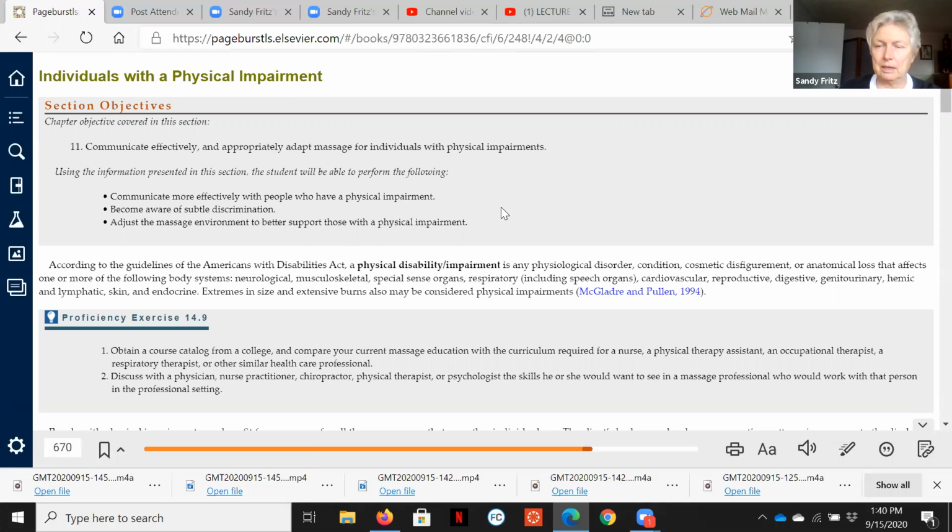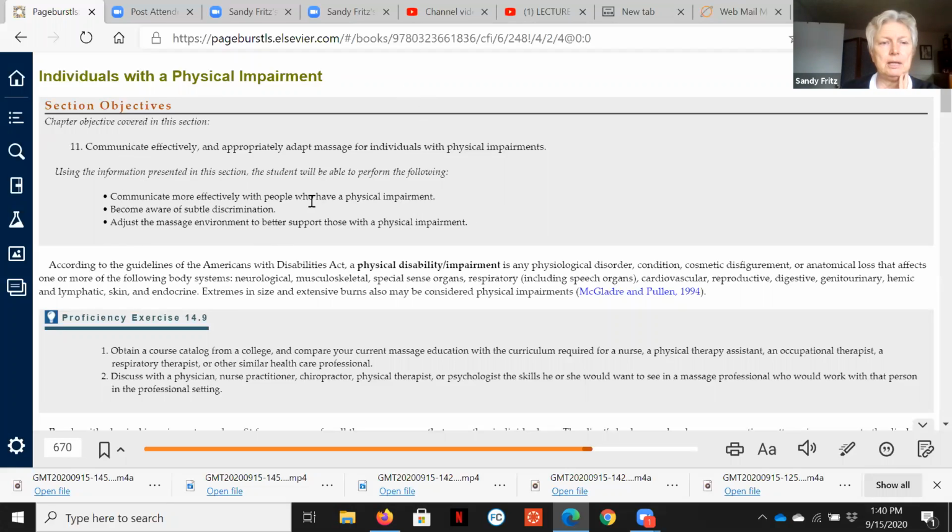As we move on, now we are going to have an overview of individuals with a physical impairment. So this would be that they have had a car accident where they have crushed an ankle and they have to have a brace on it long term.